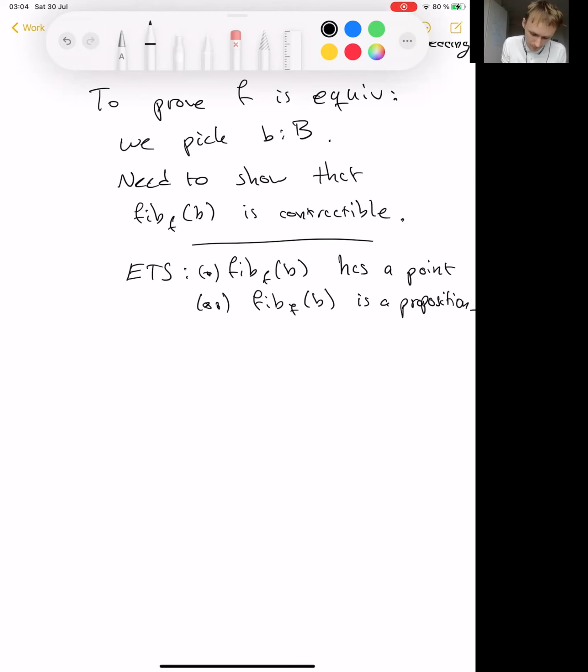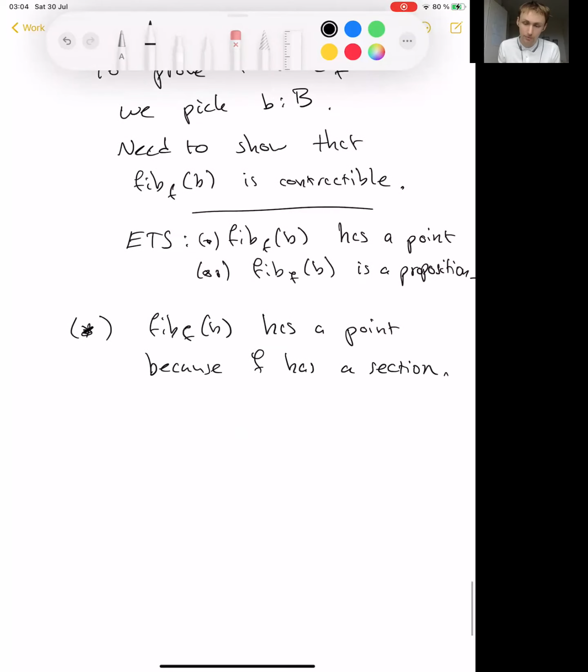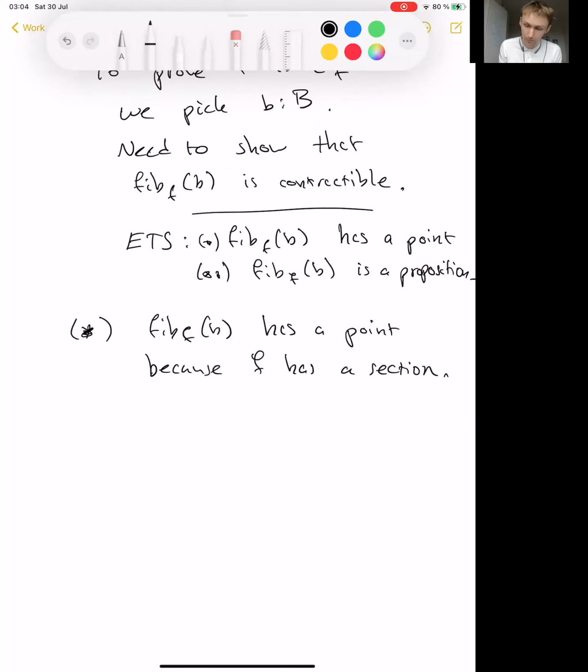Okay, so for one, we have a point. The fiber of f at b has a point because f has a section. So remember, to construct a point in the fiber, we need to provide two things. We need to provide a point a in A, and for this, we just choose the section applied to b.